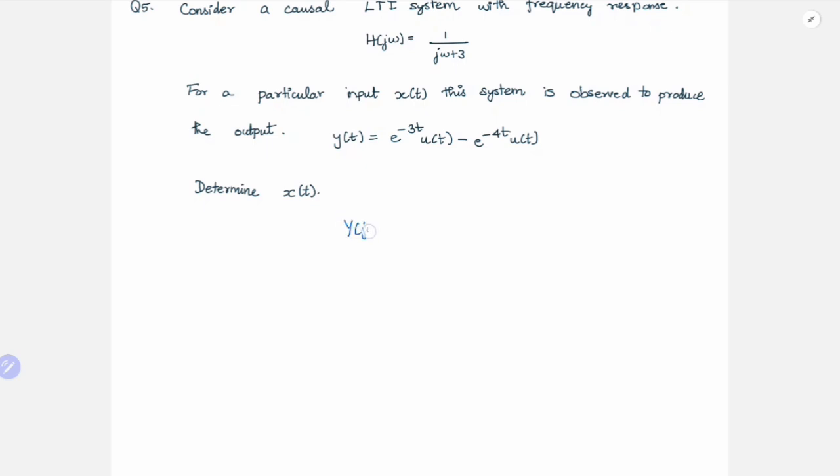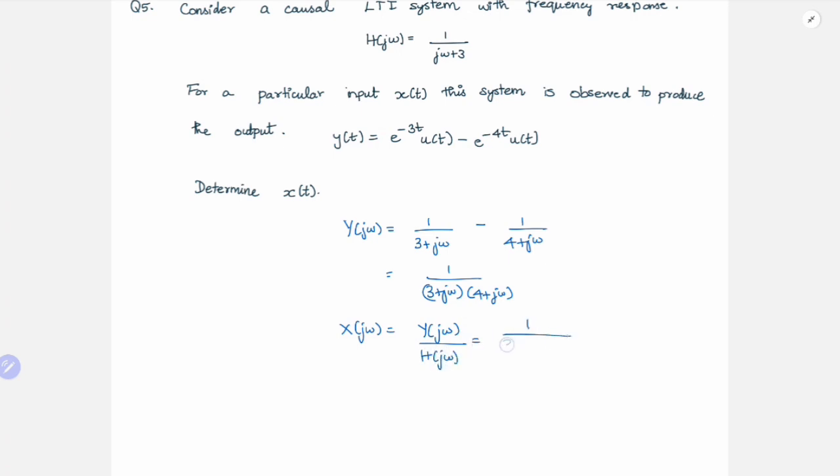So my y of j omega is nothing but 1 by 3 plus j omega minus 1 by 4 plus j omega. So adding them we get 1 by 3 plus j omega into 4 plus j omega. So my x of j omega is nothing but y of j omega by h of j omega.